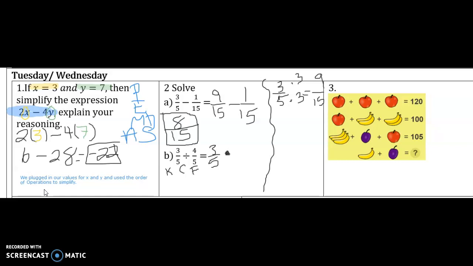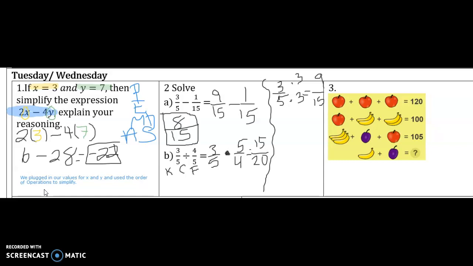And we're going to flip 4 over 5 to 5 over 4. And now remember, when you're multiplying fractions, they're my favorite because they're the easiest. All you have to do is multiply across. So the numerators are 3 and 5, so 3 times 5 is 15. And then the denominators are 5 and 4, so 5 times 4 is 20.